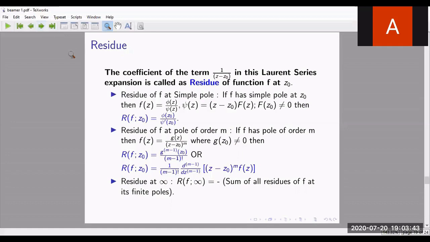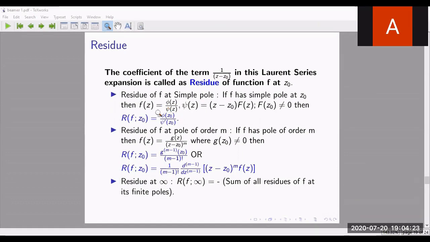Residue of f at a simple pole, calculation. Simple pole means how does my function look? F of z is equal to phi of z by psi of z.